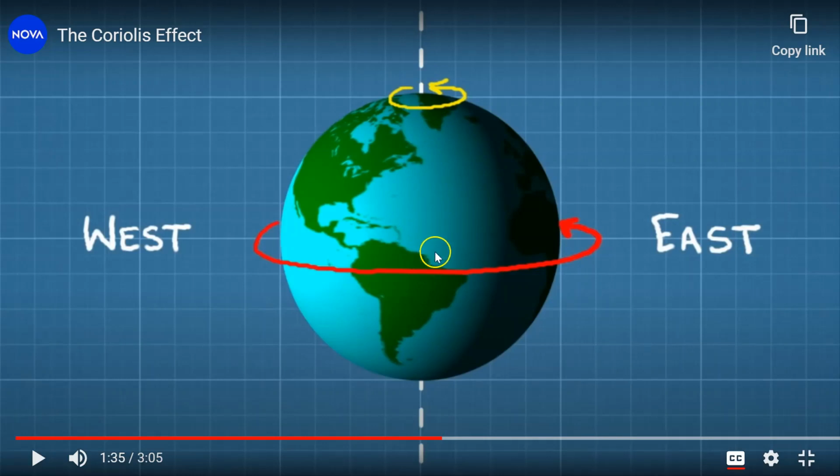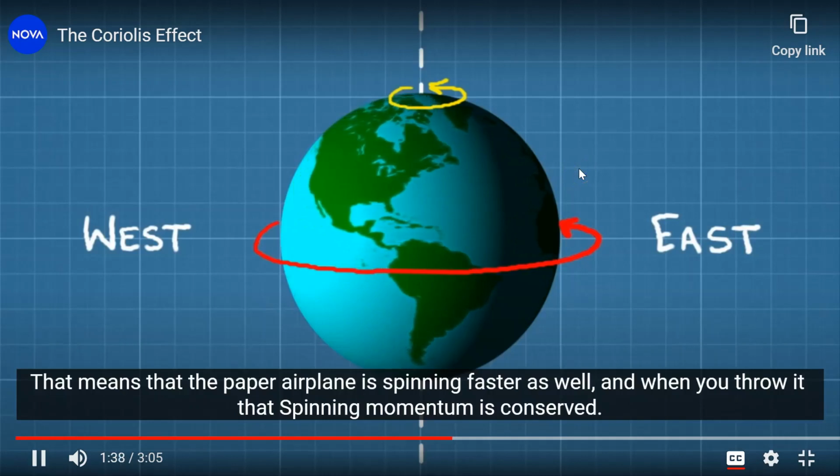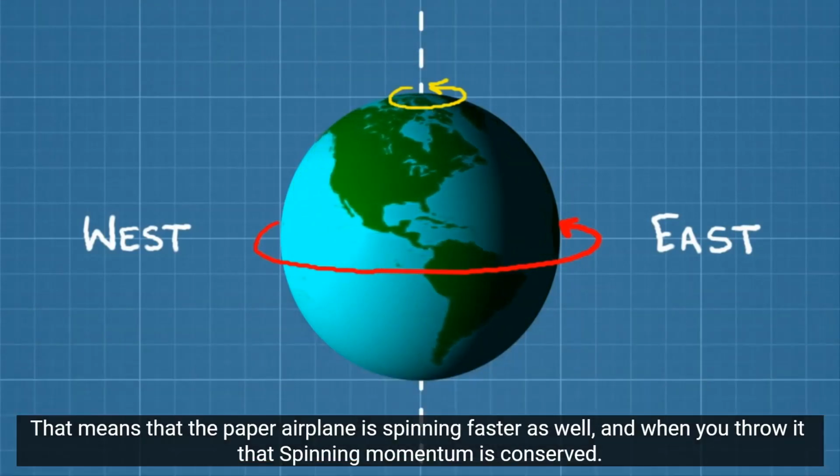So if you're closer to the equator, the velocity of your rotation is way faster than as you move toward the pole. So now let's keep going. That means that the paper airplane is spinning faster as well.